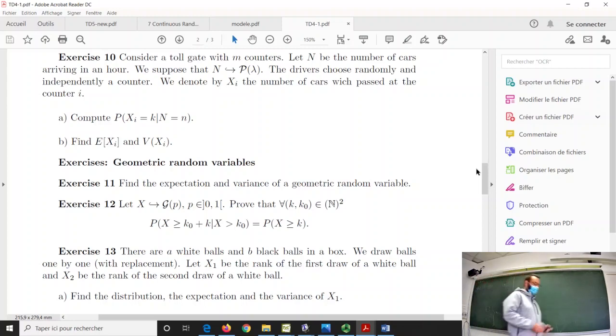A little remark. Are capital N and Xi independent?